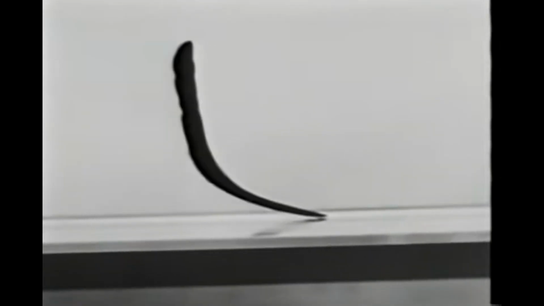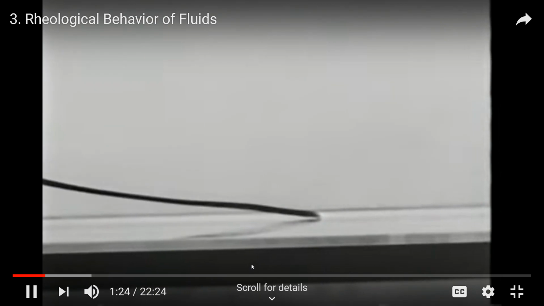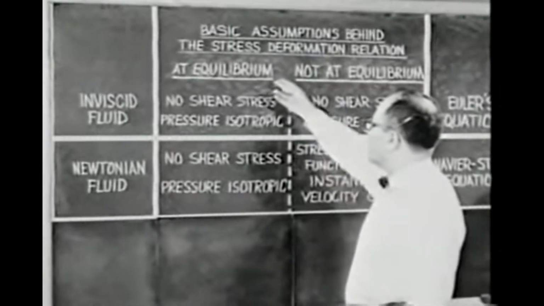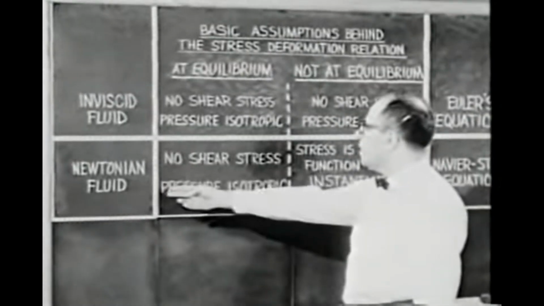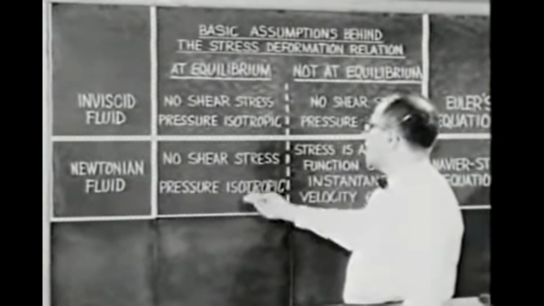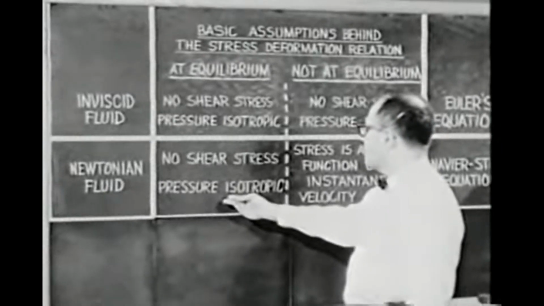In this flow, glycerin shows evidence of shear stresses. Water and glycerin are two of many fluids that behave in a manner called Newtonian. With no relative motion, the Newtonian fluid has no shear stresses. The pressure is isotropic.